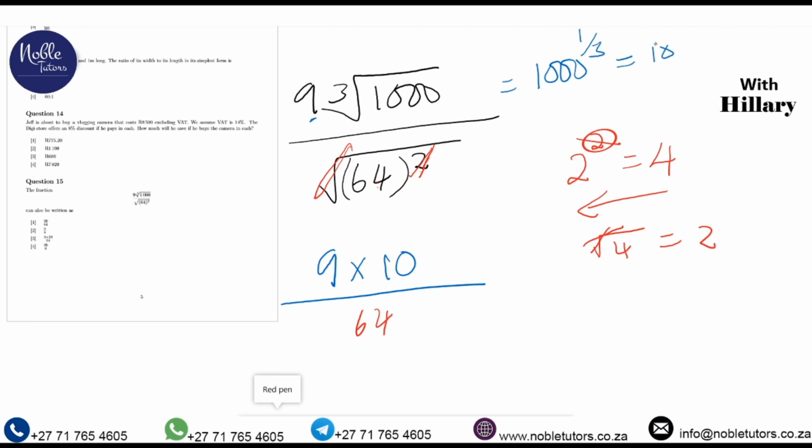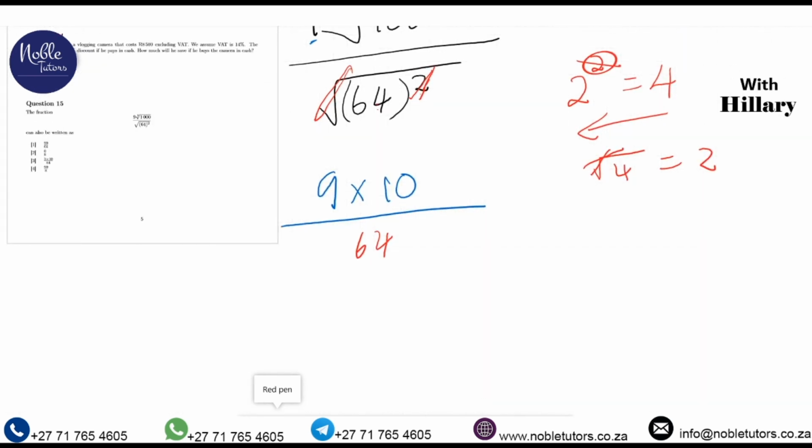It will give you 10. So hence, when you have 9 times 10 over 64, it will give you 90 over 64. So it can be written as that.